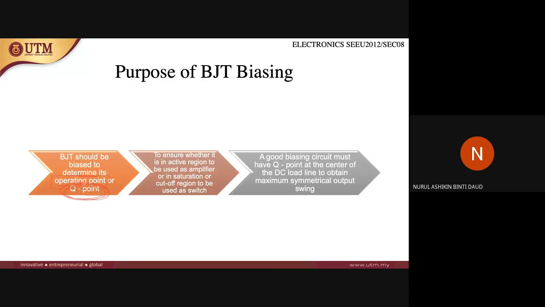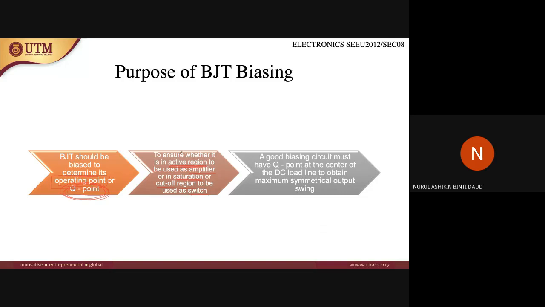At that point, the transistor will operate. BJT biasing is also to ensure what region the transistor is in. If it is in the active region, it can be used as an amplifier. If it is in the saturation region, it can be used as a switch. Also, if it is in the cut-off region, it can also be used as a switch.